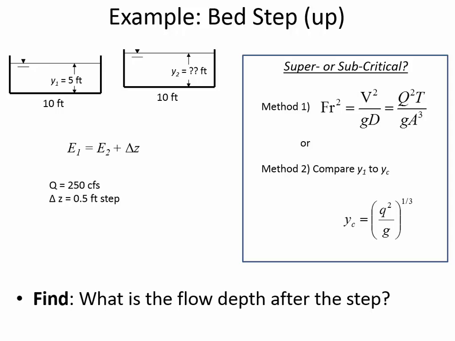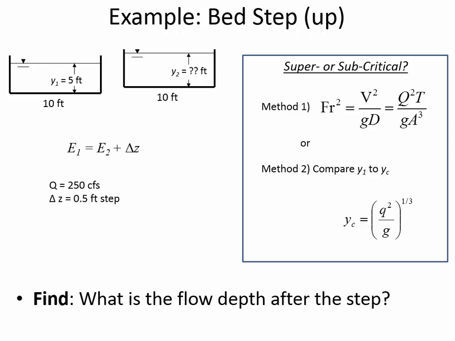So when I did that, I found the flow per unit width. That's what this lowercase q is, the flow rate divided by the width of the channel. The units are a little bit weird. It's feet squared per second, or if you think of it better this way, cubic feet per second per foot. So 25 feet squared per second, put that into the equation for critical depth, and find that the critical depth is 2.69 feet.